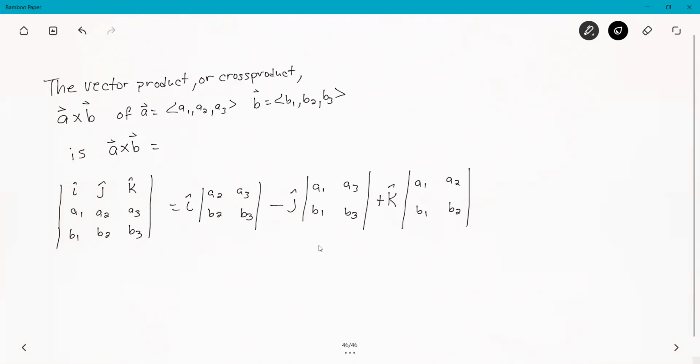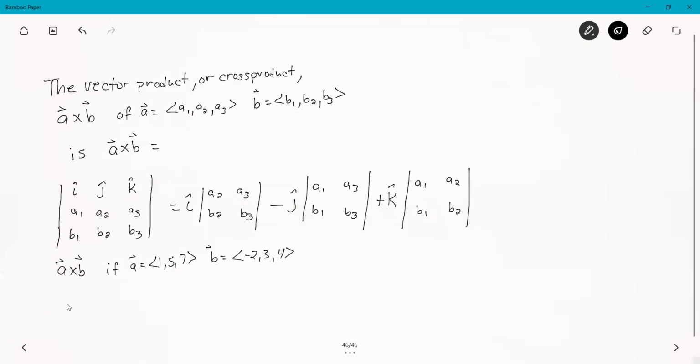So let's do an example of this. Let's do A cross B, okay? And we're going to say if our A is equal to 1, 5, 7, and our B is equal to -2, 3, 4.